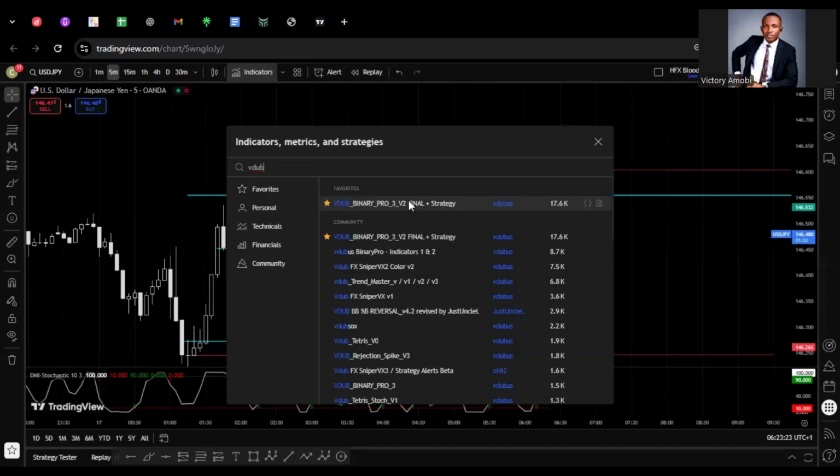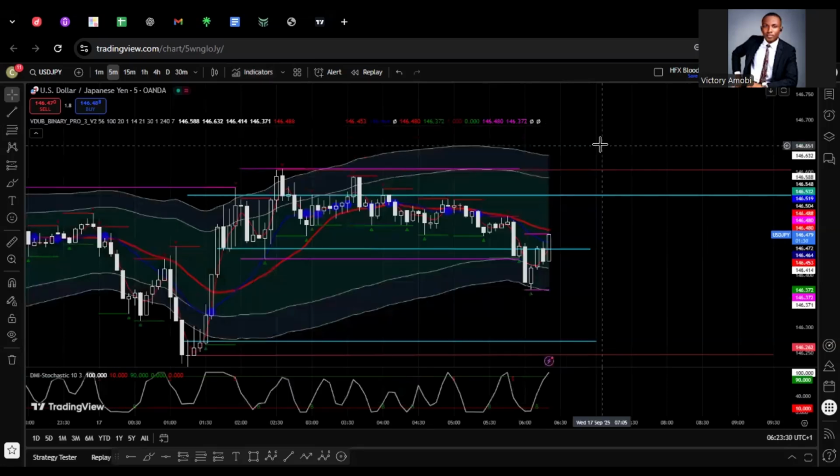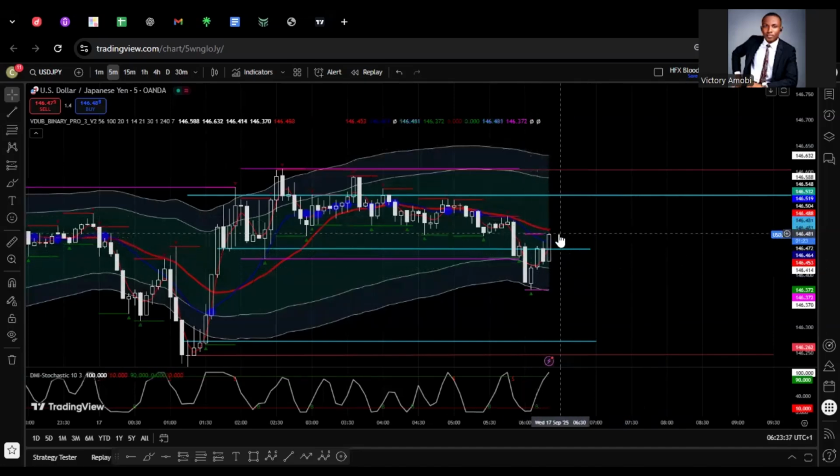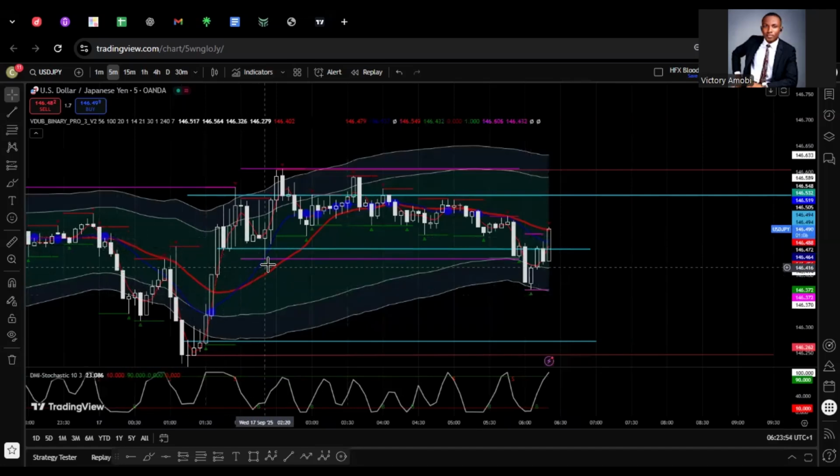So let's see how this one works. For VDOB, it's already giving me a clear sell indication, but I want to wait until this candle closes before I go in. You look at VDOB and can see the moving average.